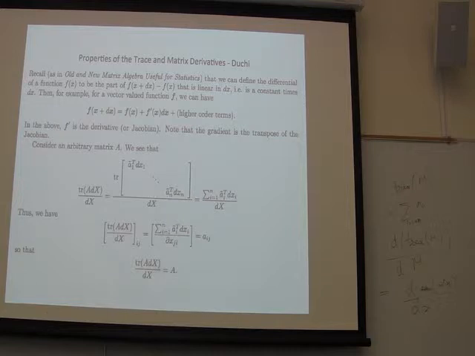Oh yeah. A dx is not actually going to be equal to the sum. Let's write down A dx. It's going to be A11, A12, A1n, up to Ann. When you multiply with it, you have dx1, dx2, dxn.